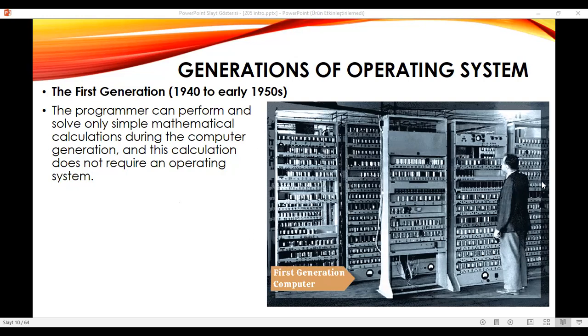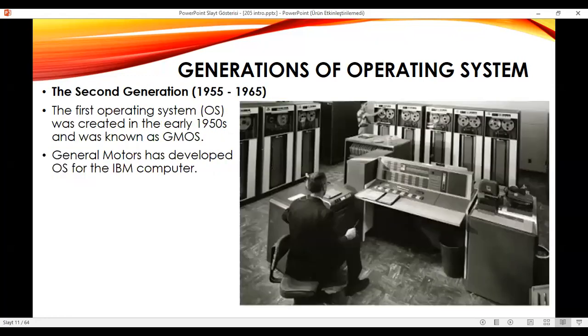But you can see how big a first generation computer was because of the technology. It fit in a big room actually. And the first generation computers did not need an operating system. Let's check why.